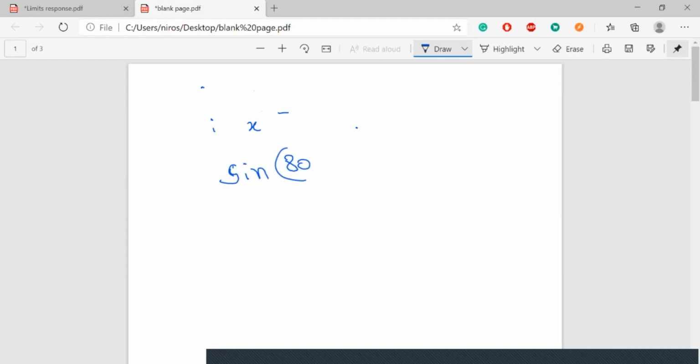Let's make it simple. Sine 60. I can write sine 60 as sine 30 into 2, correct? Now you are thinking that you can take this 2 outside, calculating sine 30 separately and 2 separately.